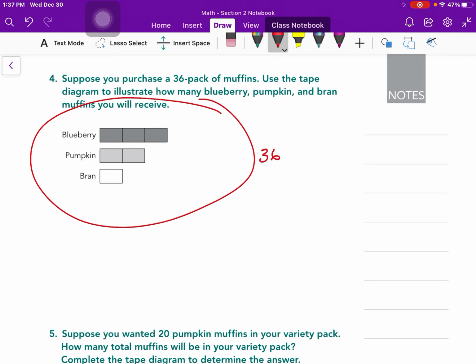I know that each square has to have the same amount, and I know they all add up to 36. So if I take 36, and there's 1, 2, 3, 4, 5, 6 total squares, I know that each square has to have 6 in it. 6, 6, 6, 6, 6, 6.